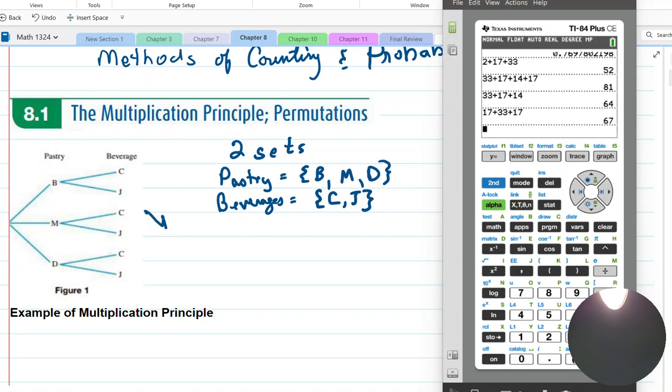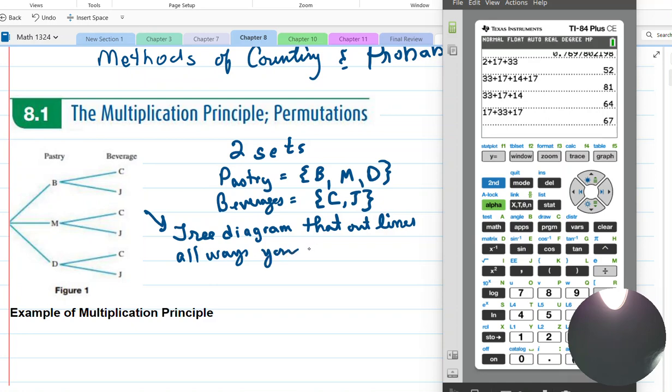This is called a tree diagram that outlines all the ways you can order a pastry and a beverage.